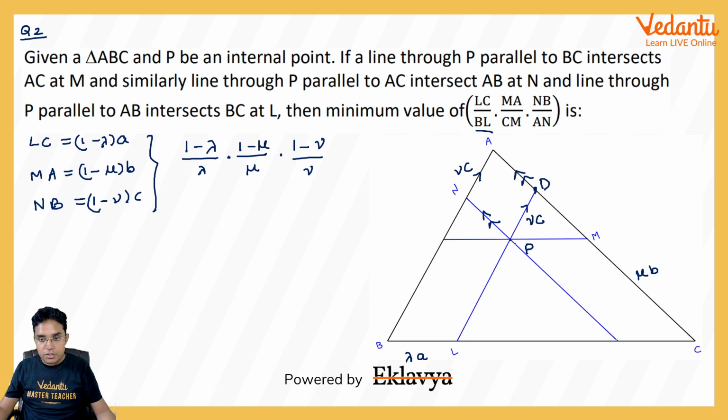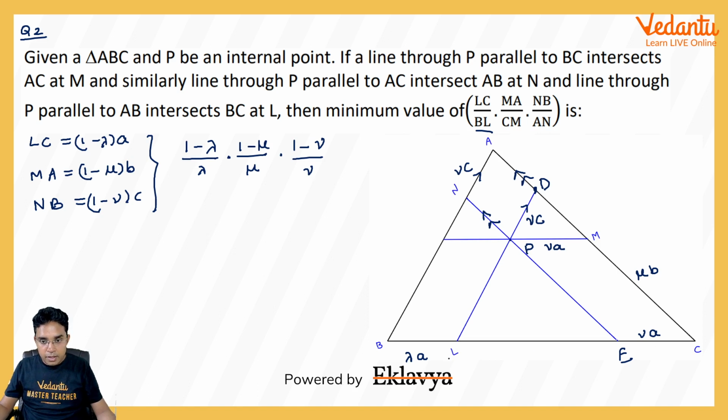So here, if it is nu C, corresponding sides will be in the same ratio. So I can call this nu times A here, because this is parallel to BC. And here PMC, let us call this as E point. So this will again be forming a parallelogram. So this length will also be nu A.